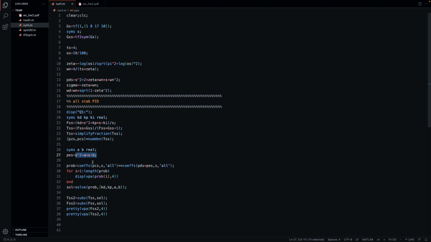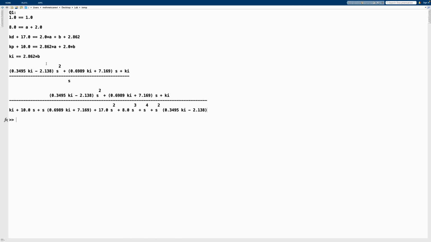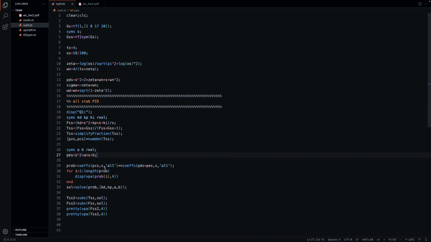Since this is a second order polynomial, what we can do is directly focus on its coefficients. If A is positive, which it is, in fact equal to 6 even, and if B is positive, then this polynomial is going to be a stable one. That would then tell us that the whole closed loop transfer function would be stable because PD(s) is already stable.